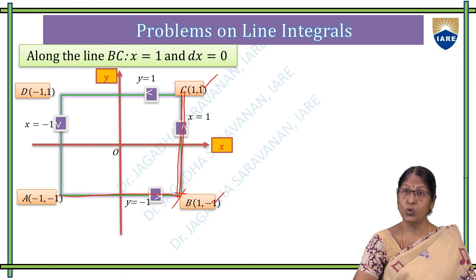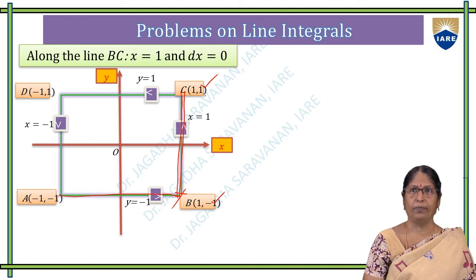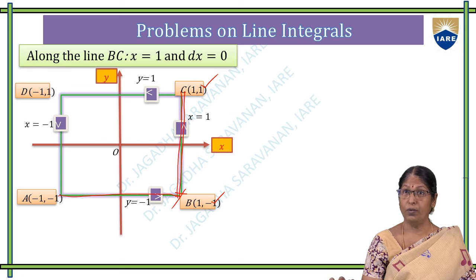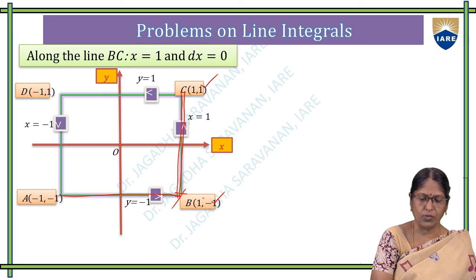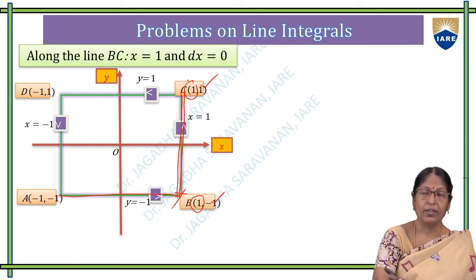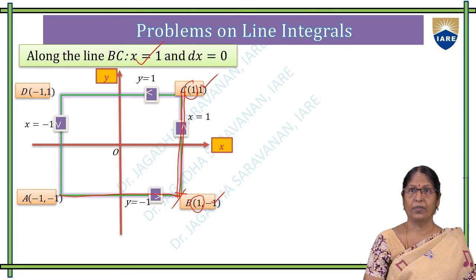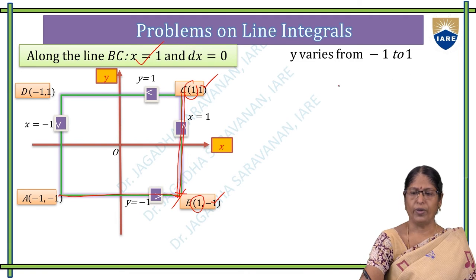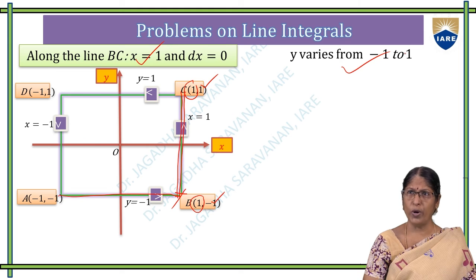So y varies from minus 1 to 1. Then what about x? I am circling x equal to 1, which is written here. With x equal to 1, dx equals 0. Very clear picture: y varies from minus 1 to 1.